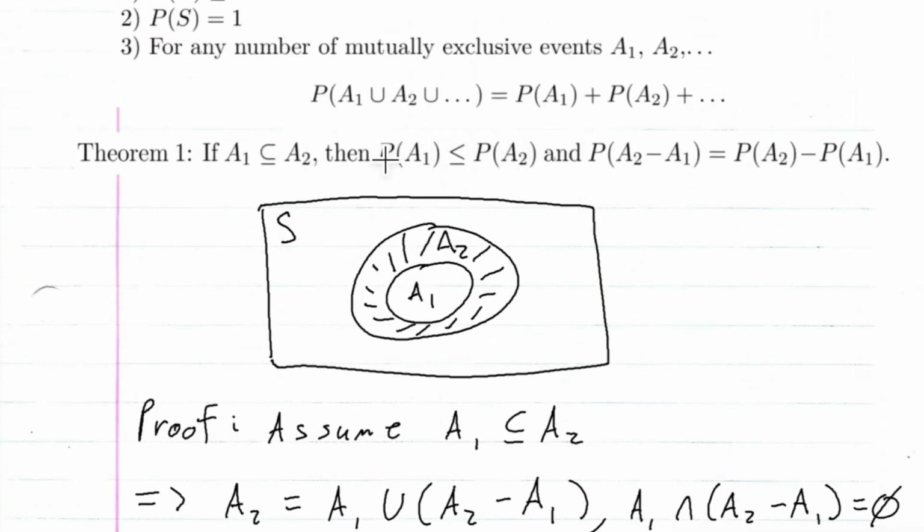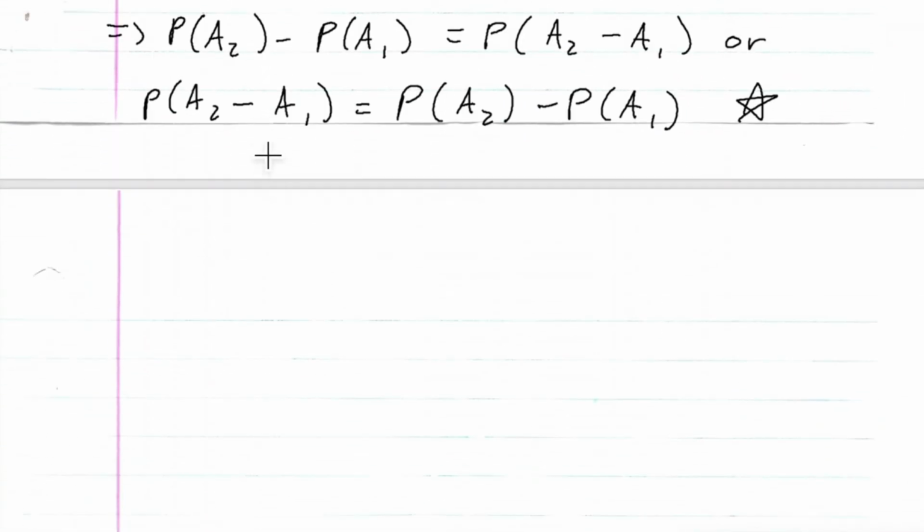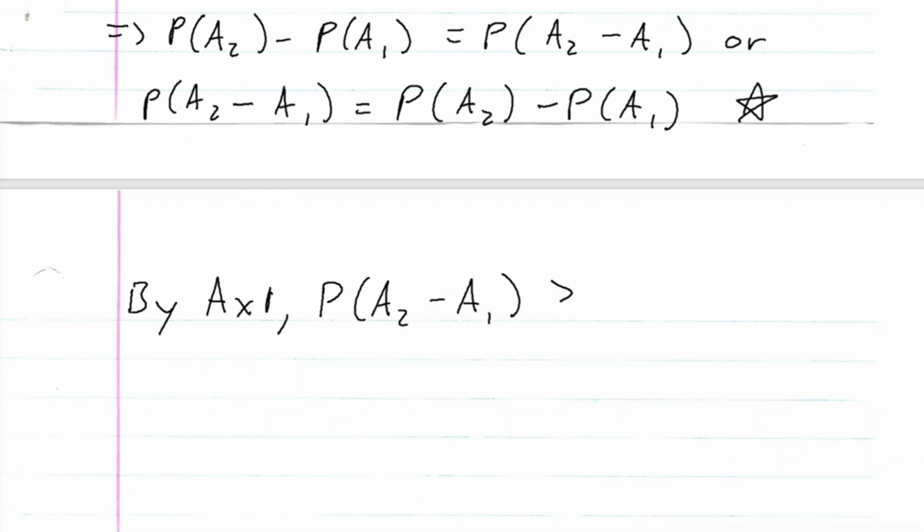Now we're looking to prove that the probability of A sub 1 is less than or equal to the probability of A sub 2. Well, according to our first axiom, the probability of any event in the sample space is bigger than or equal to 0. So, by axiom 1, I know that the probability of any event, so A sub 2 minus A sub 1, is bigger than or equal to 0, right?